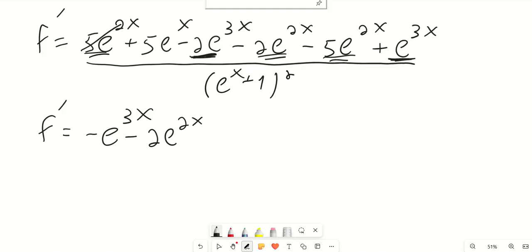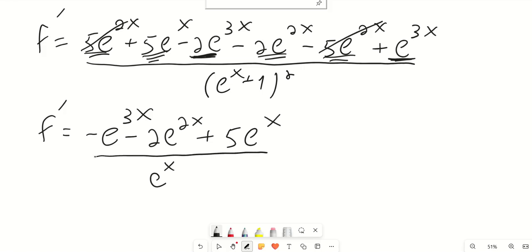Yeah, I can simply do that. And I still have this term here with 5 e to the power of x. And I still have in the denominator e to the power of x plus 1 square.